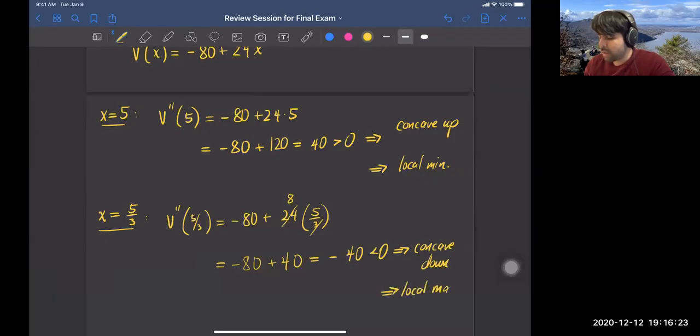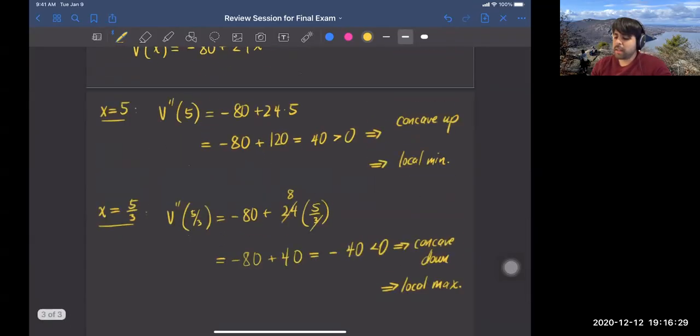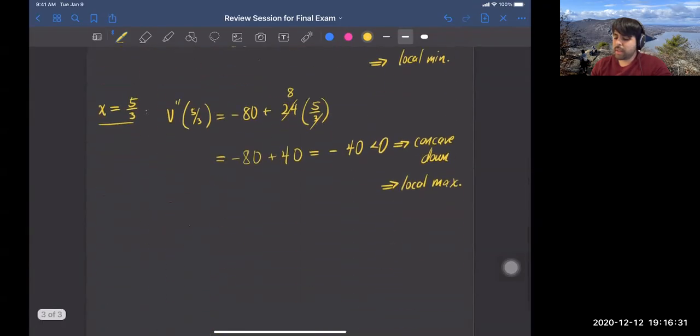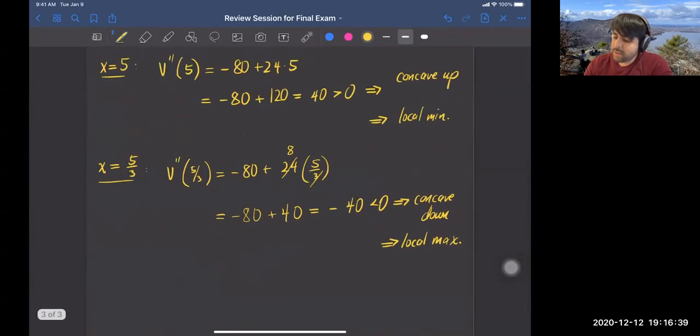Local max. Or in this case, it's going to be a maximum. And so we say, what do we say? We say that to maximize, we found that x equals 5/3.